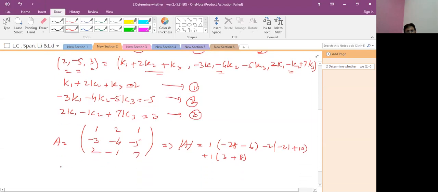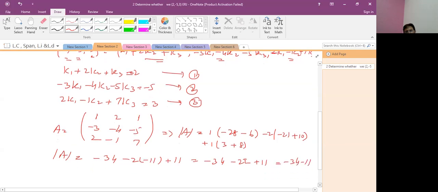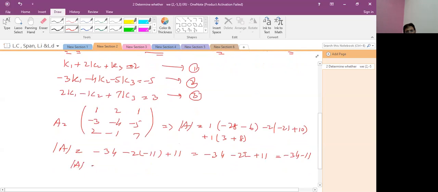If we simplify them, the determinant value is minus 34 minus 2 into minus 11 plus 11, which is equal to minus 34 plus 22 plus 11. So it means minus 34 plus 11. So the determinant value is minus 45, which is not equal to 0.